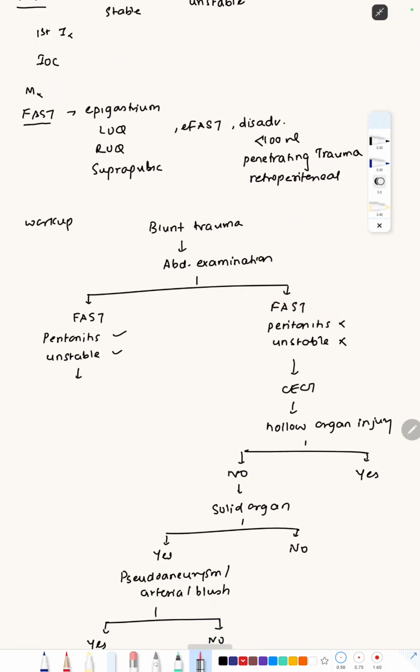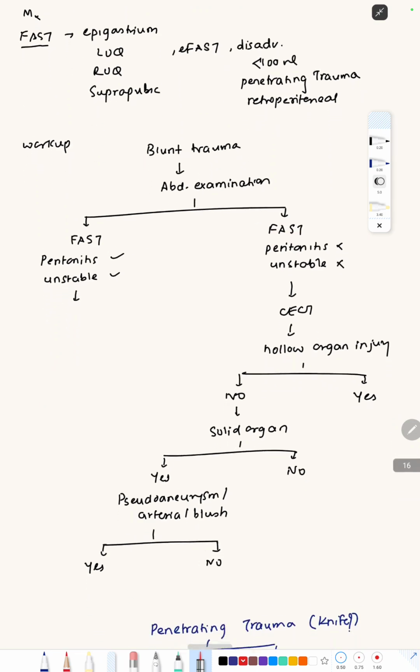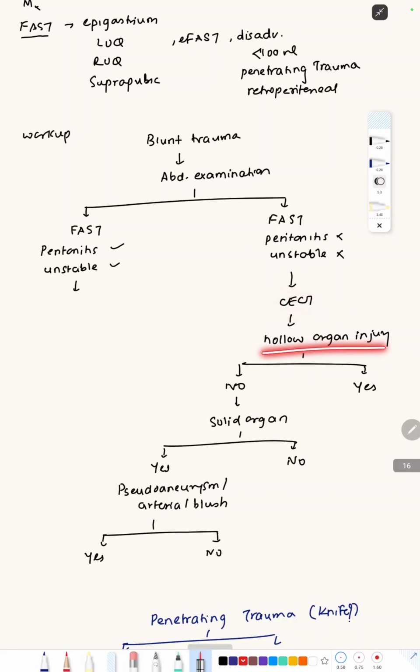Then the workup of this patient, if it's a case of blunt trauma: abdominal examination is done. On FAST, if peritonitis is seen or if the patient is unstable, then in that particular case we have to go for exploratory laparotomy. If on FAST peritonitis is not seen and the patient is stable, then you have to give contrast enhanced CT. If on contrast enhanced CT a hollow viscus injury is present, then you again go for exploratory laparotomy.